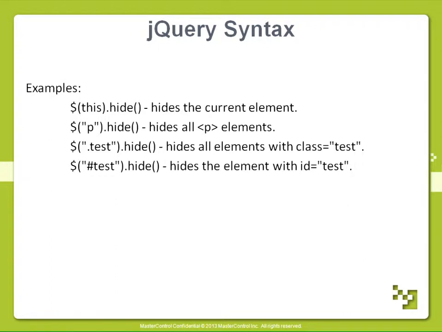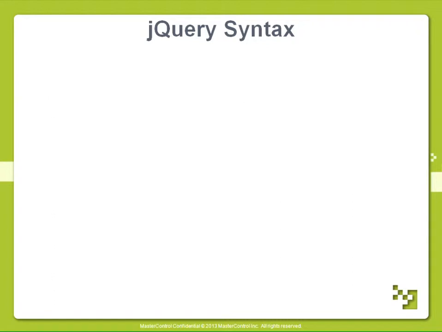This line of code, $ this, being, say, a field on our form, .hide. That's all it is. That 12 characters or so would make that field hide. In JavaScript, that takes a little more doing. Not significantly more, but more. $p.hide hides all P elements. So this is where jQuery gets really powerful.